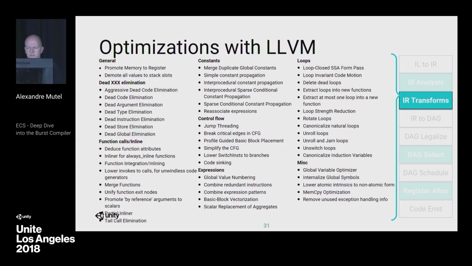But there are lots of small optimizations. And maybe this part only in LLVM is around 130,000 lines of code. And the analysis just before that, which is linked to the IR transform, is 40K lines of code. Compared to Burst, we have only maybe 20 or 25K lines of code of C# plus C++. So it's very small compared to all this setup.